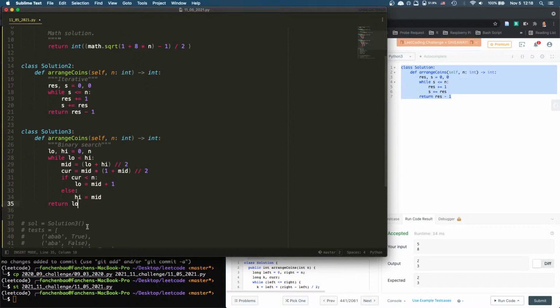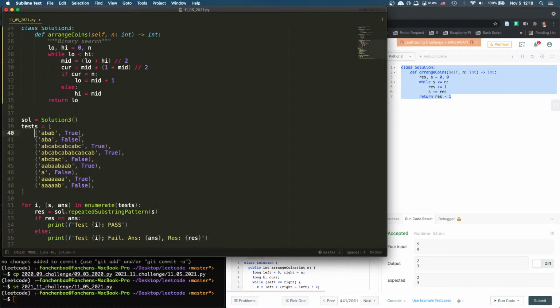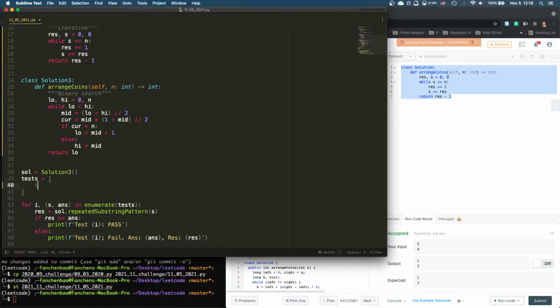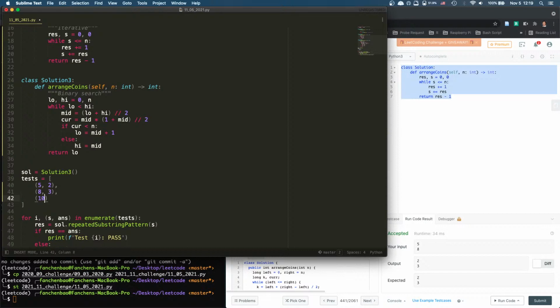Okay. Let's try this. Right, quite straightforward. So we have input 5, expected 2, right? The input 8, expected 3, and input 10 should be expected as 4. So we give these, see how the binary search works.